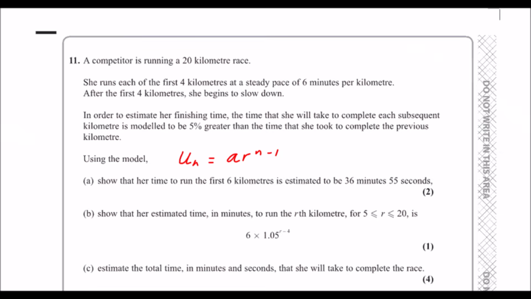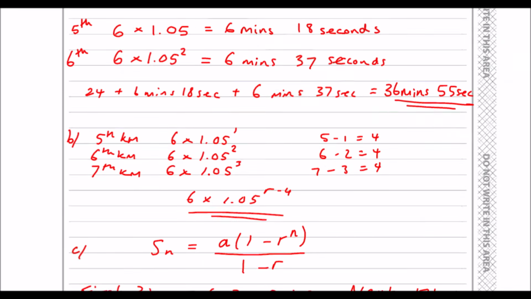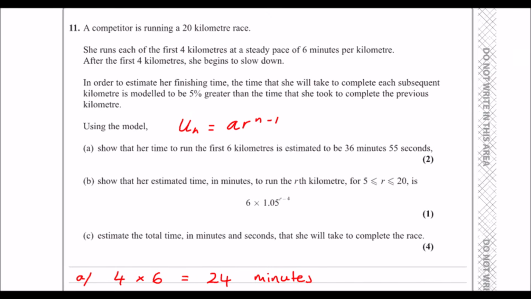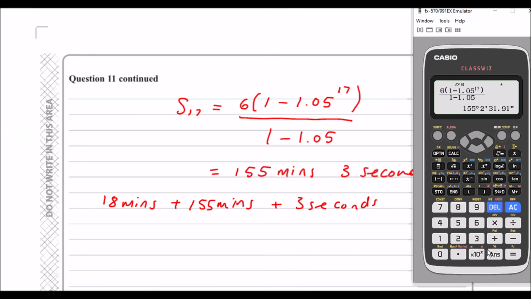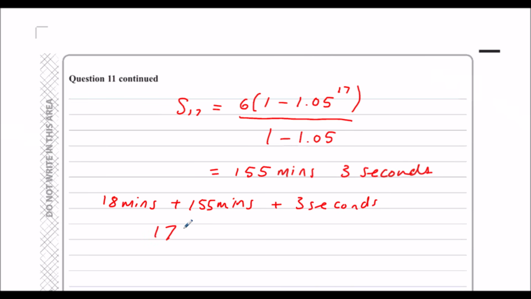And we need to add on 18 minutes. 18 minutes plus 155 minutes plus 3 seconds. So 18 and 155 make 173. So 173 minutes and 3 seconds.